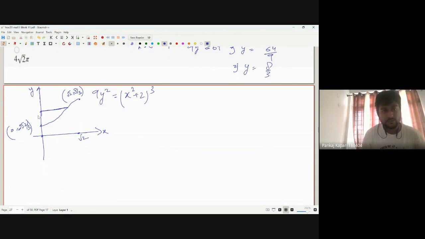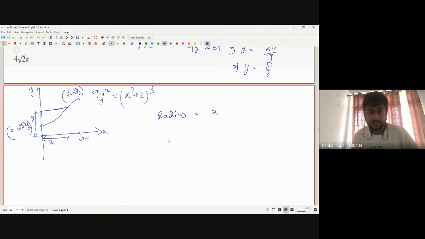Let's assume this whole distance is y, and this whole distance is x. So what is the radius? It is equal to x.